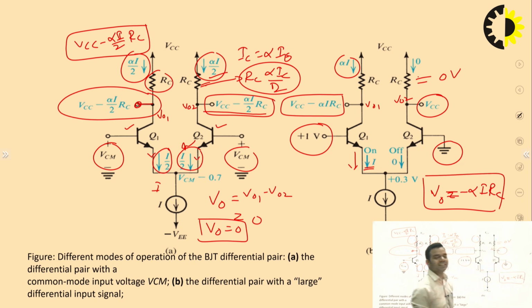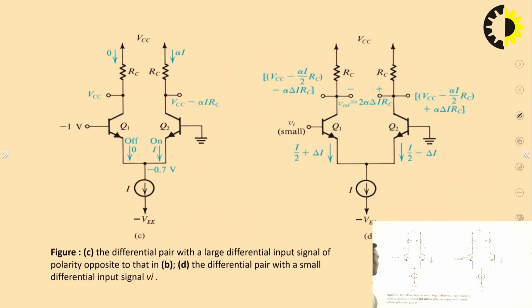Now you can see that we are getting output. So this is the concept behind the differential amplifier. This is the differential input with opposite polarity. In previous case we considered this input was equal to 1 volt, in this case it is equal to minus 1 volt, and this is 0.